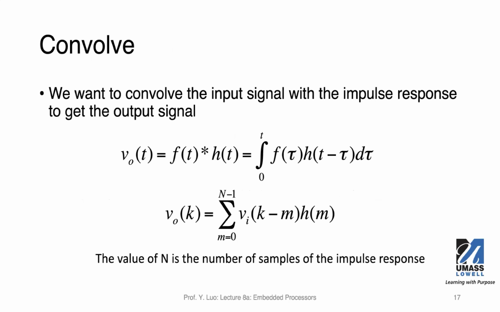Okay, then we can apply this convolution function on both this input signal and impulse response. And what you see here, the first line of the formula is the convolution operation in the continuous domain. We have this integral operation to calculate that.